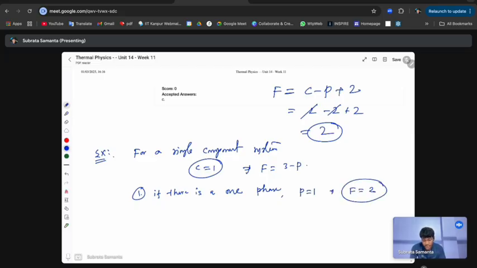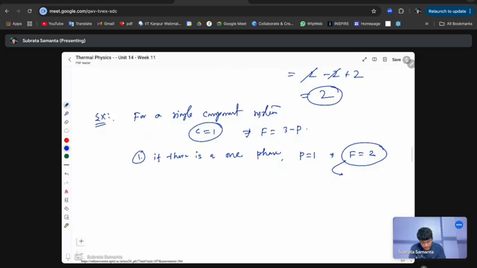So the whole PT plane is accessible in this case, right? Because F equals 2, so there are 2 degrees of freedom, okay, and the whole pressure temperature PT plane is accessible.